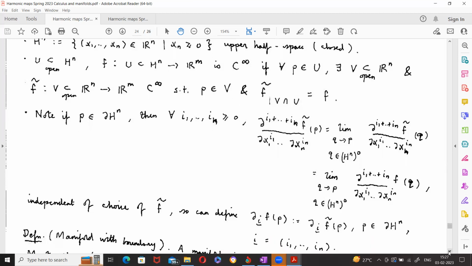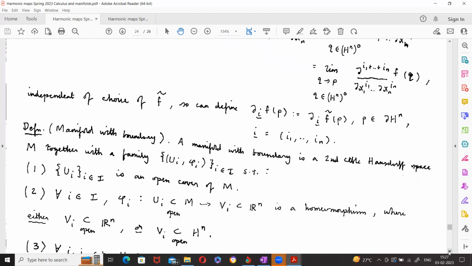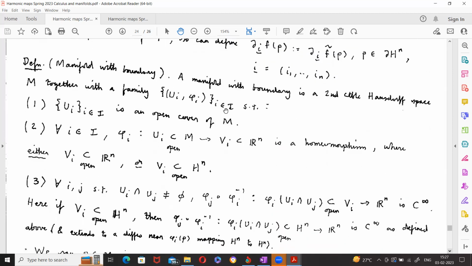All right. So now we can define what is a manifold with boundary. It's a second countable Hausdorff space like a manifold, together with a family of charts (Ui, phi_i), where the Ui's are an open cover, and for all i, phi_i goes from the open set Ui to some set Vi in Rn, and phi_i is a homeomorphism, where Vi is either an open set in Rn or an open set in Hn, the closed half space.